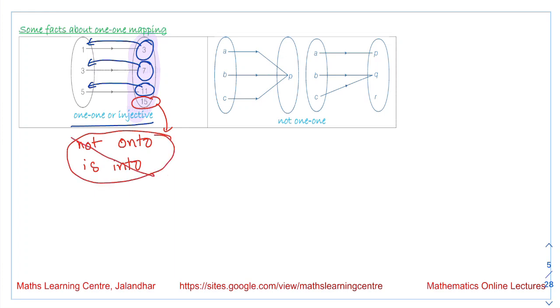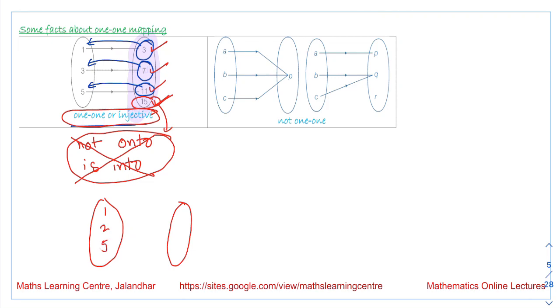So we are not considering these cases here. When we talk about a function being injective, we are not considering this element. We are just saying that every element over here should have a unique pre-image. It should not be the case that A has image 2 and B also has image 2.